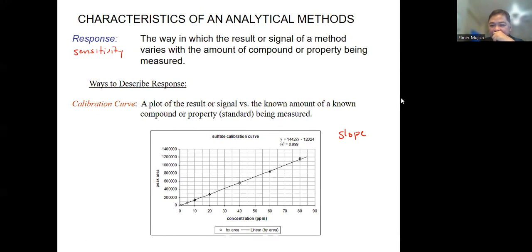Okay? So when we're talking about the response, this is the way in which the result or signal of a method varies with the amount of compound or property being measured.